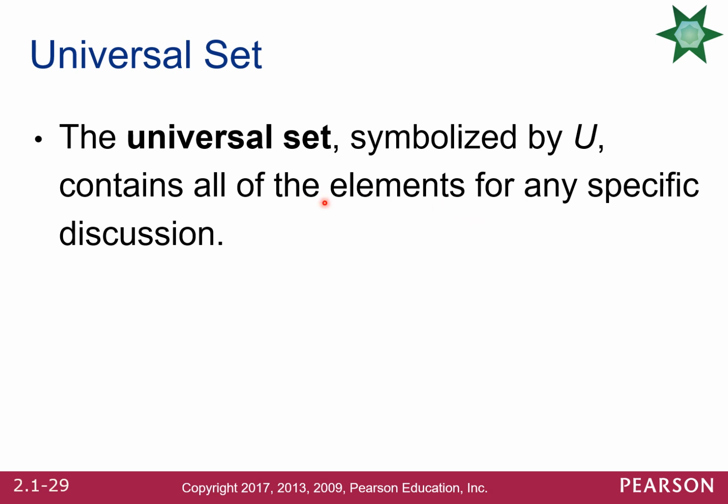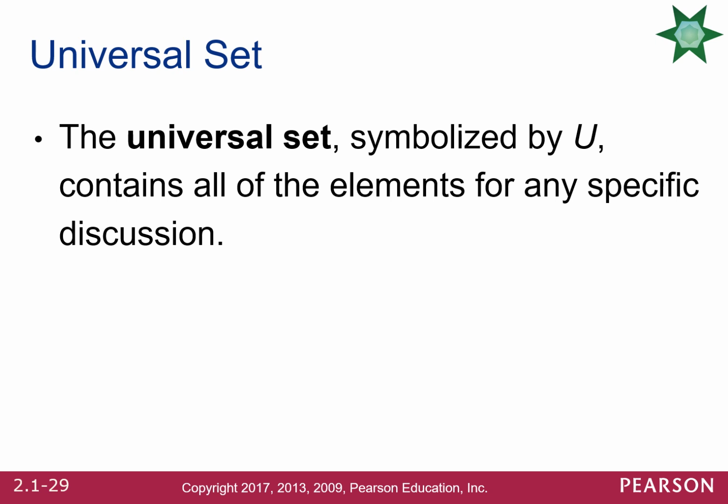That would be considered a universal set, but we could just use 4 or 5 of them from the universal set to create a subset. But the universal set would have all elements in it. If we are talking about states of the US, then it would have all the 50 states, and so on.